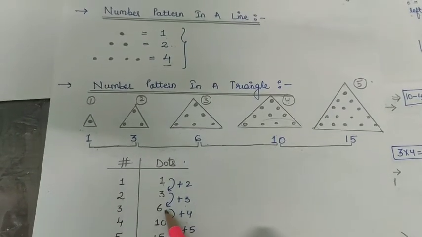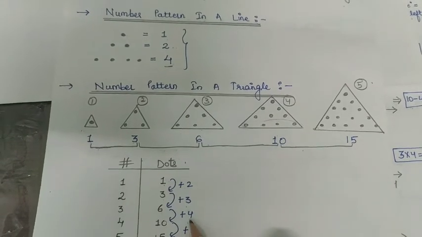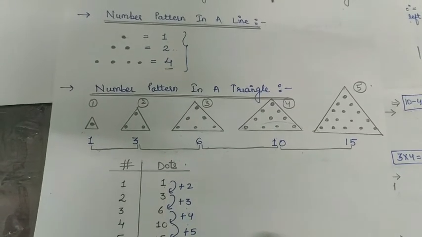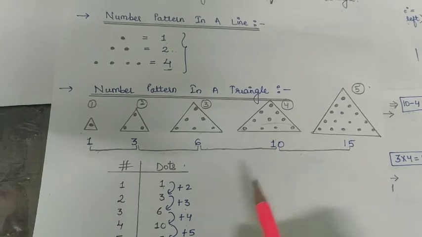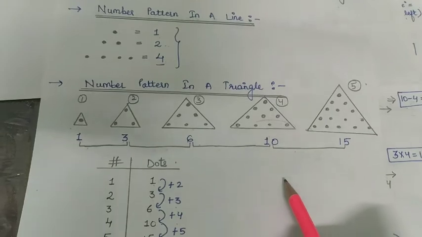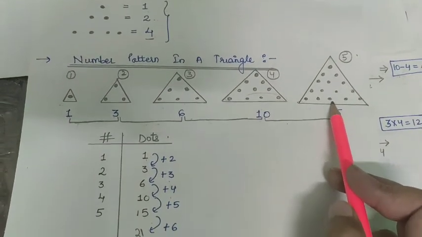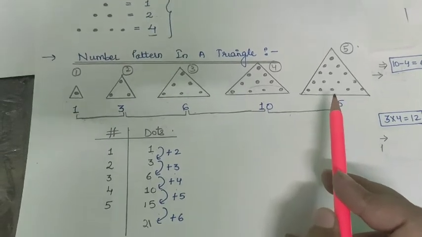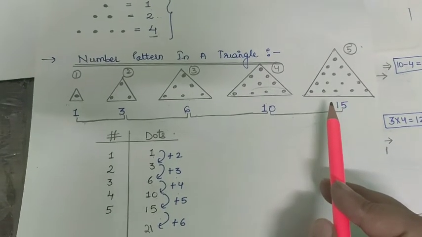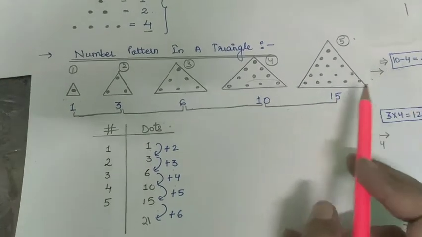Then if I add 4 to 6 I get 10, that is, 10 dots are required for another pattern. Then I add 5 to it, I get 15. So I need 15 dots, that is another triangular number. Now if I ask how many dots are required to draw another triangle after this, what do I need to do?